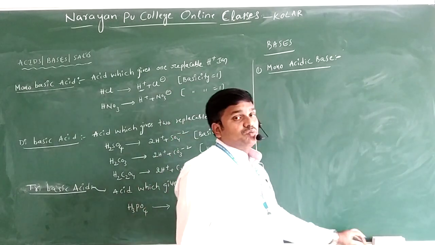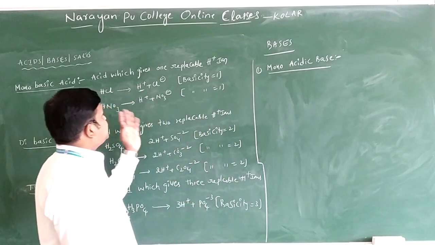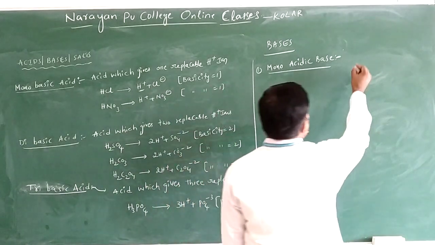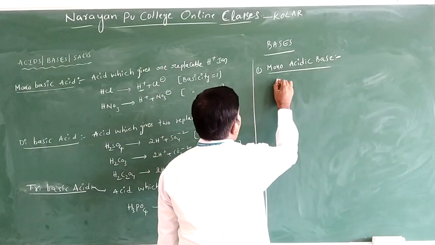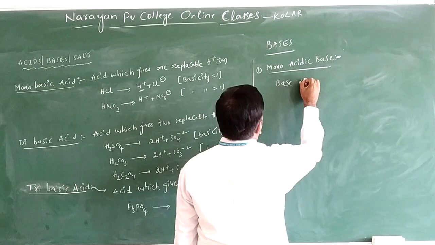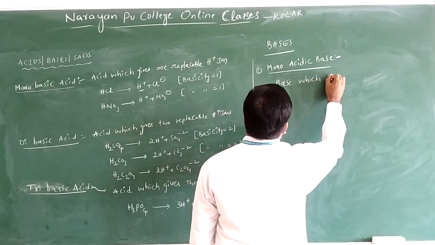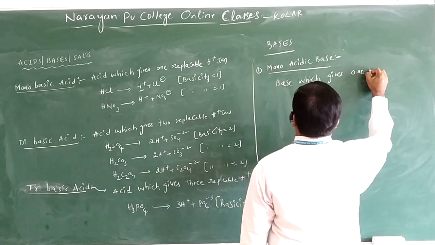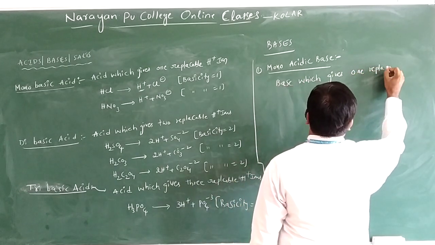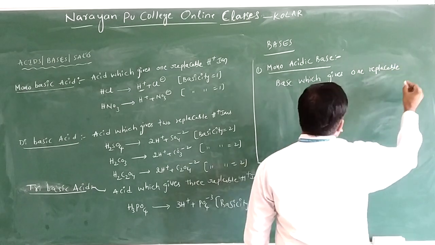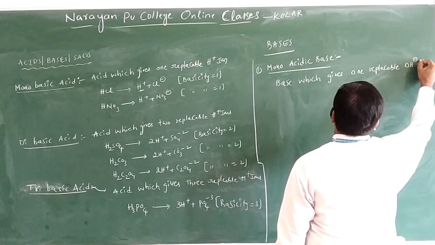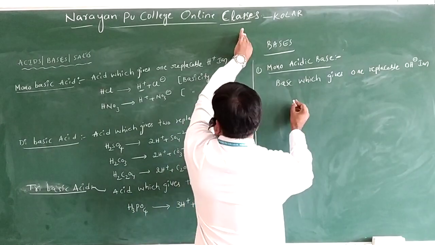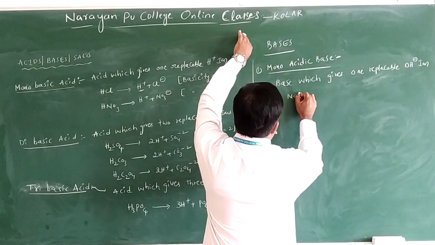Monoacidic base means the base which gives 1 replaceable OH minus ion. Clear? For example, you can take NaOH.